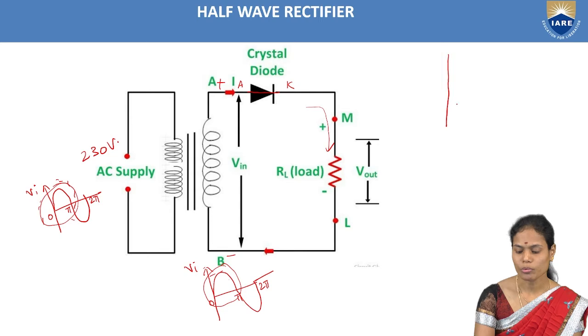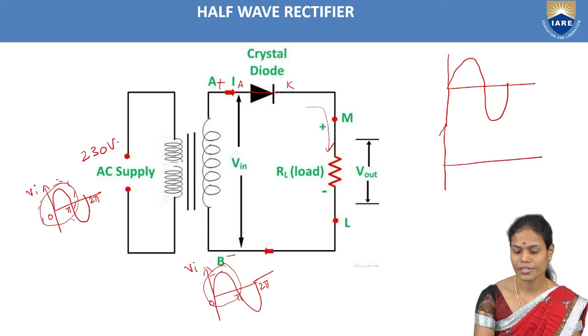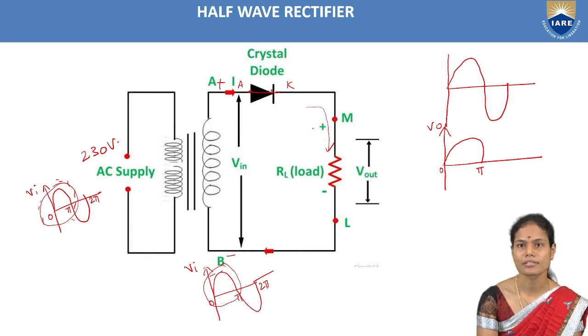So what is the output voltage we are getting here? For the positive half cycle, that is V0. How much are we getting here? Whatever positive input voltage we provide, that much we get for the positive half cycle of the input signal. Why? Because there are no other components for conduction as well as voltage drop.